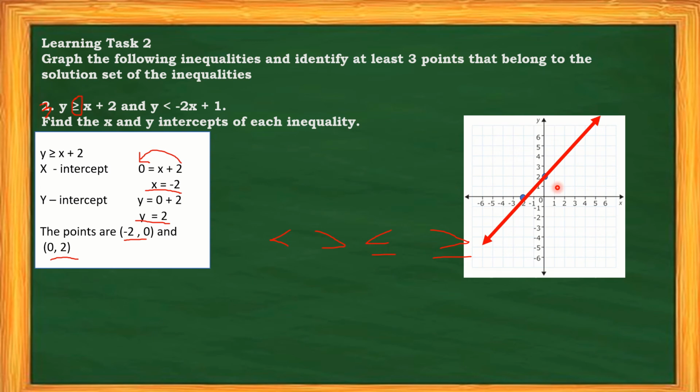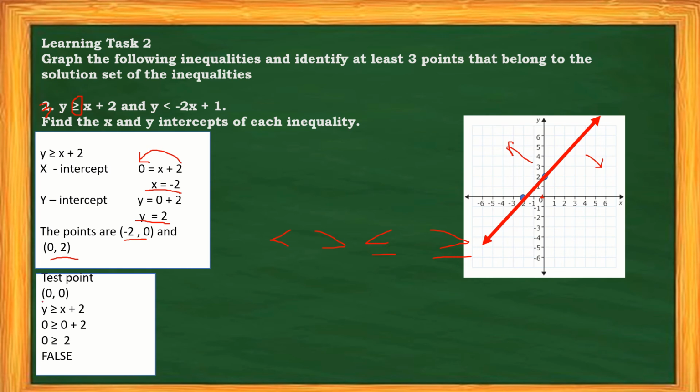Okay, so let us now use the test point again na 0, 0, para malaman natin kung saan ang ating pag-shade, kung sa taas or sa baba. So, let us use again the test point, 0, 0.